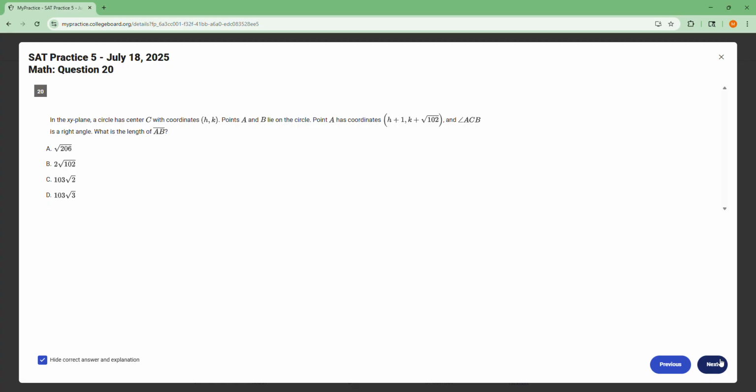B could also theoretically be over here, but it could only be in those two positions.